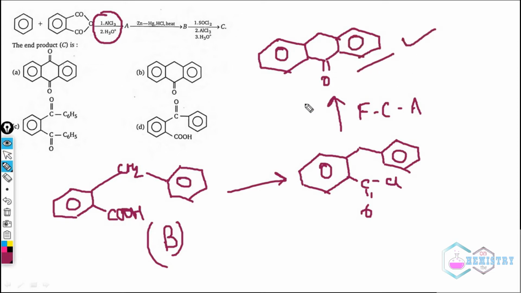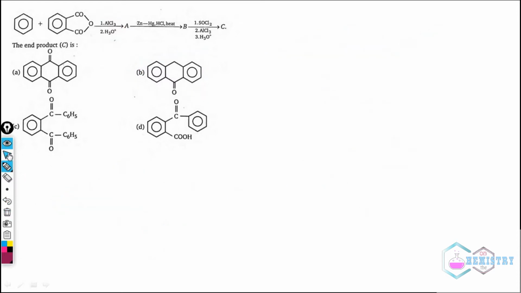So this will be our final answer, and this is B. We can clearly see this one. So B is our correct answer. So the structures may look scary, but this is just a simple case of Friedel-Crafts alkylation and Friedel-Crafts acylation reactions. Okay. Now the next problem.